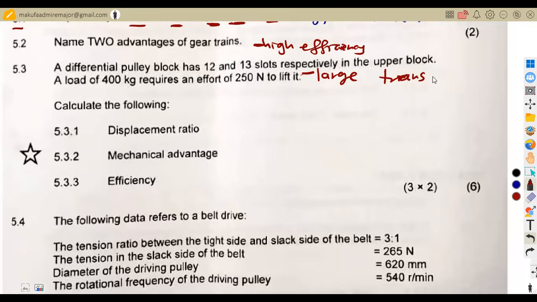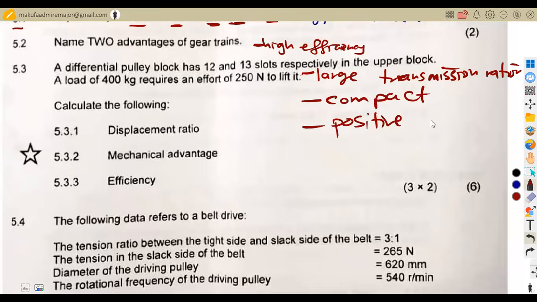We've got large transmission ratio in this case. We can talk of the compact itself. It's compactable, the compact. We can talk of the positive drive in this case, all right?